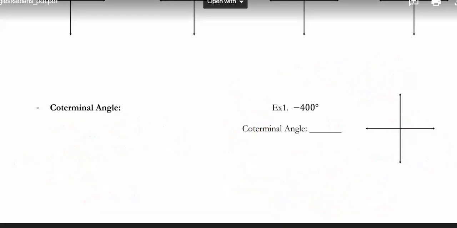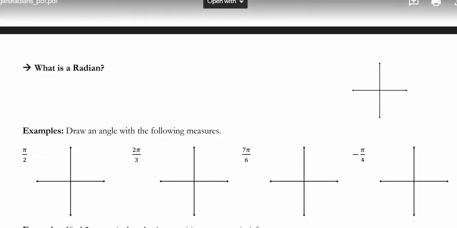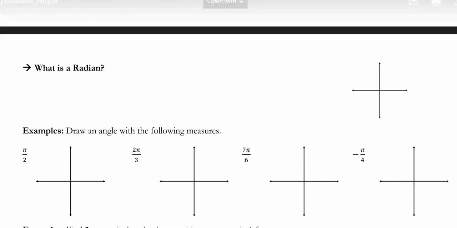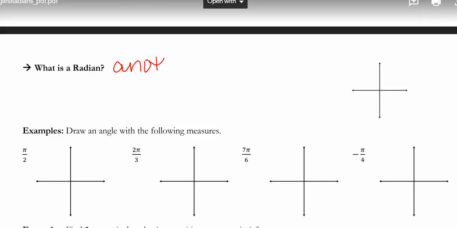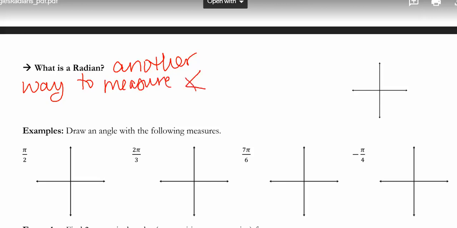Now let's talk about what it means to be a radian. A radian is another way to measure angles.